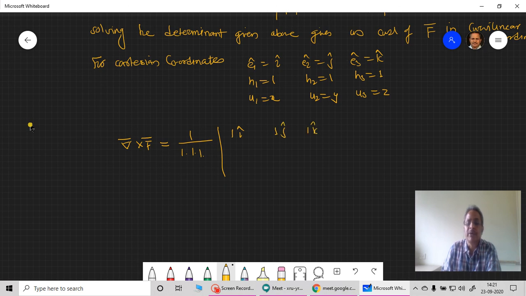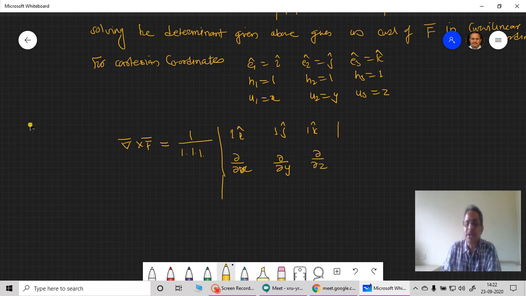So this is unit vectors multiplied by scale factors h1, h2, h3, which are 1, 1, 1. Then the three components are given to be ∂/∂u1 is ∂/∂x, ∂/∂u2 is nothing but ∂/∂y, ∂/∂u3 is nothing but ∂/∂z.